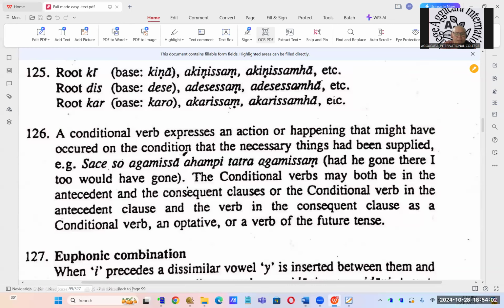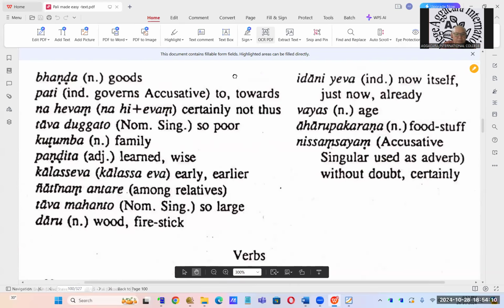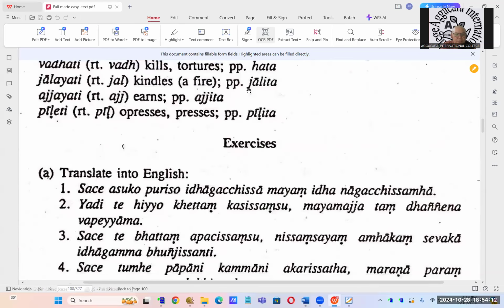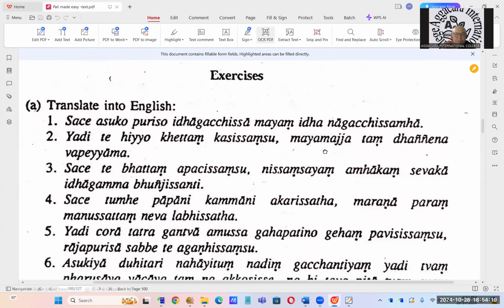This means that we see the example, the conditional verb, optative, in the future. Where's the example here? This one. So the second part: if the first part is a conditional, then the second part can be future tense.